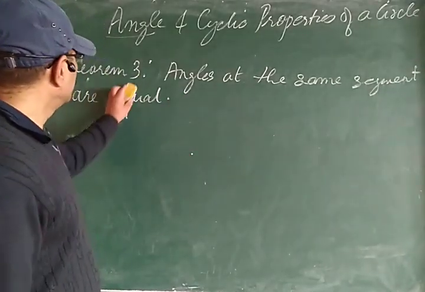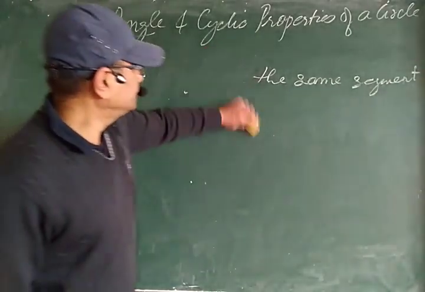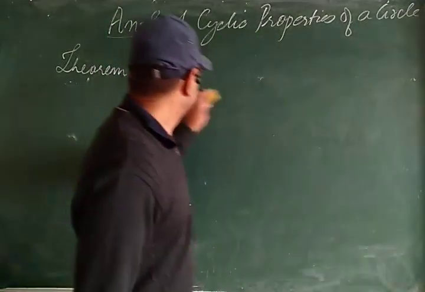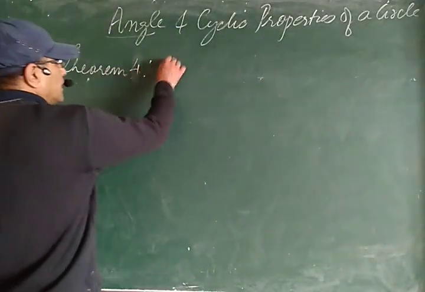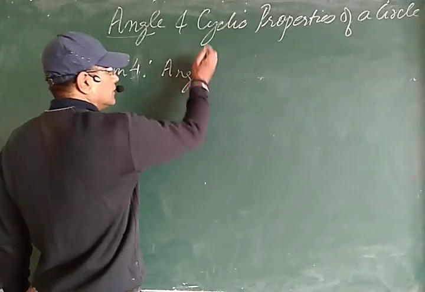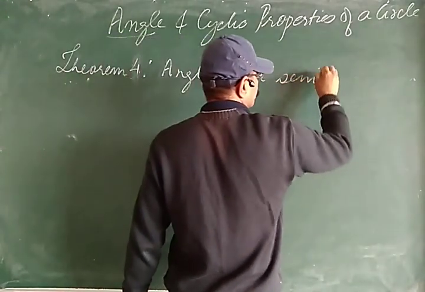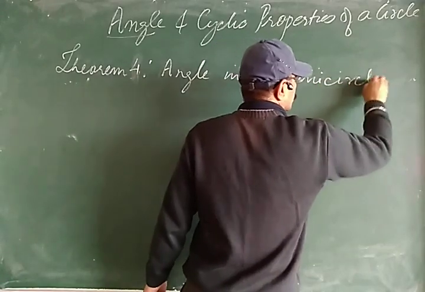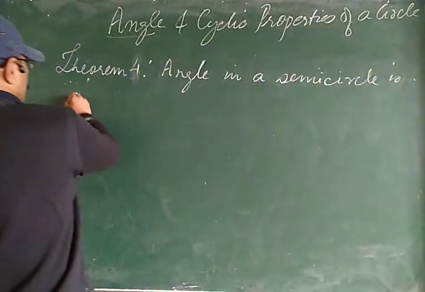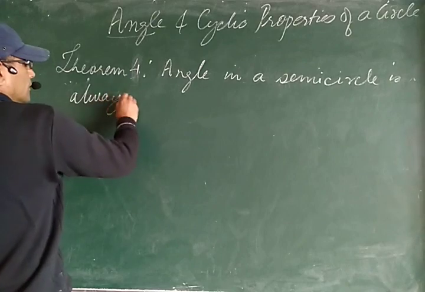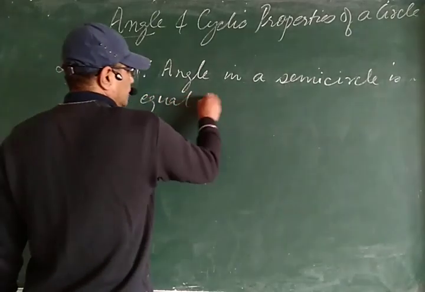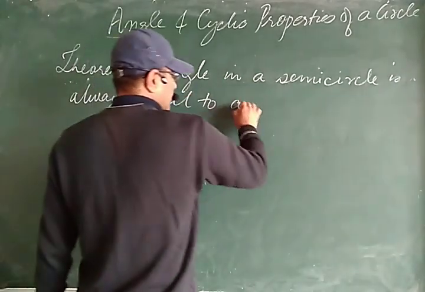The other theorem is: angle in a semicircle is always equal to 90 degree or right angle.